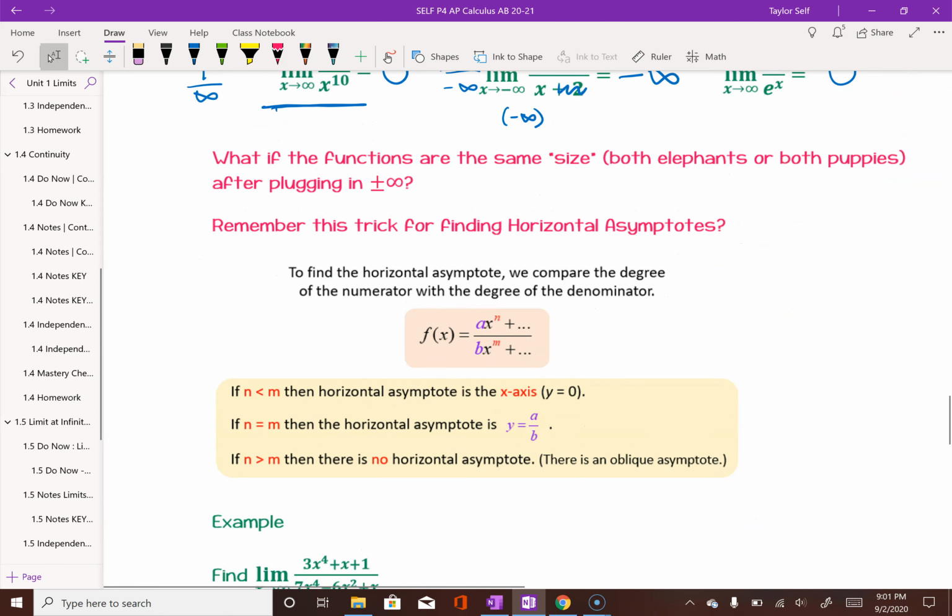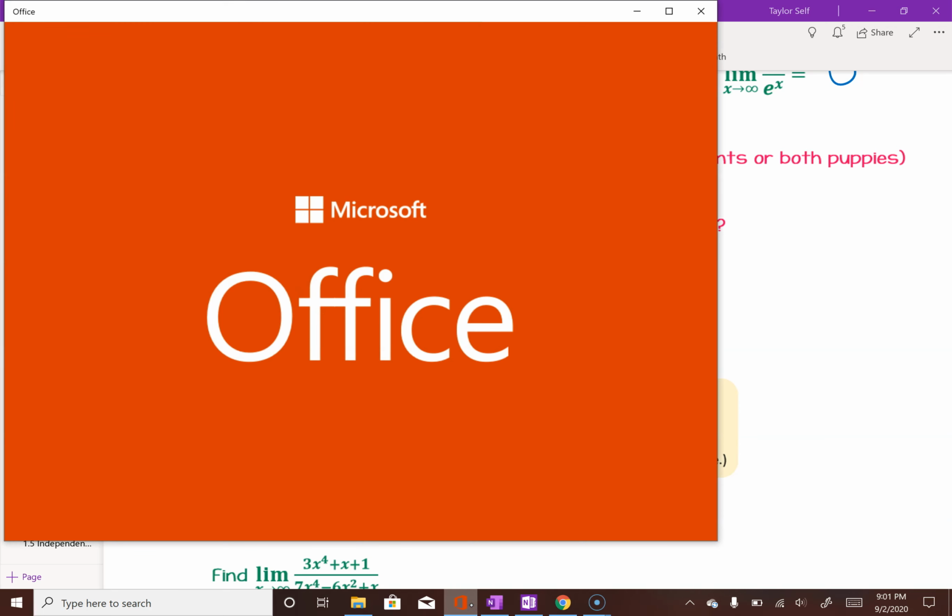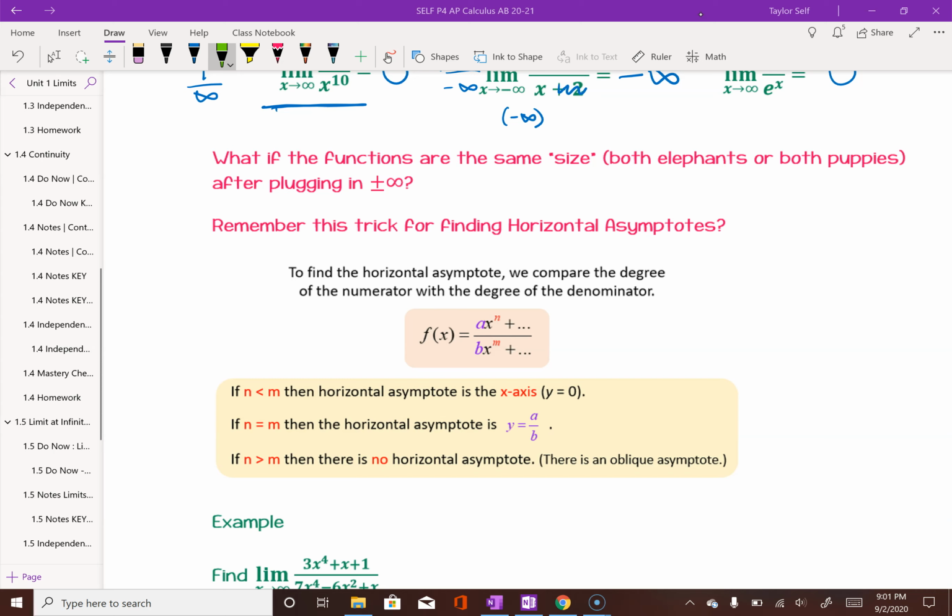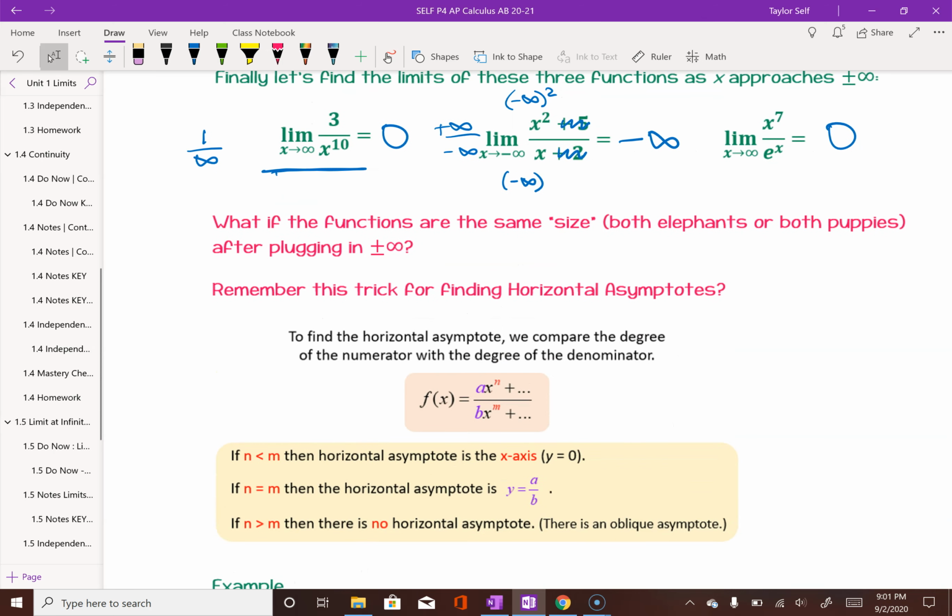Okay, so what if the functions are the same size? Write this down. What if the functions are the same size? They're both elephants or both puppies. So how do we know if they're the same size? First of all, we're going to look at the exponents.